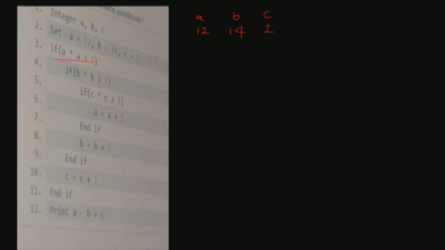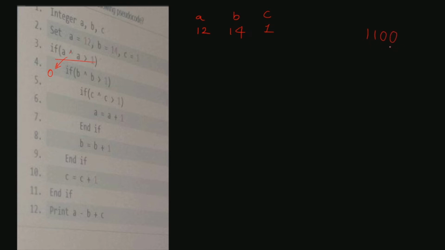Now, I'll tell you a trick for solving this. See, whenever there is an XOR between two same variables, like A and A, they are the same variable, so the answer will always be 0. I'll show how it is 0. The binary form of 12 is 1100.